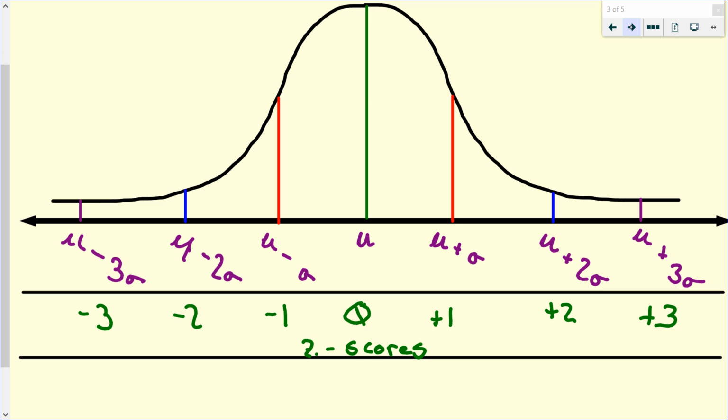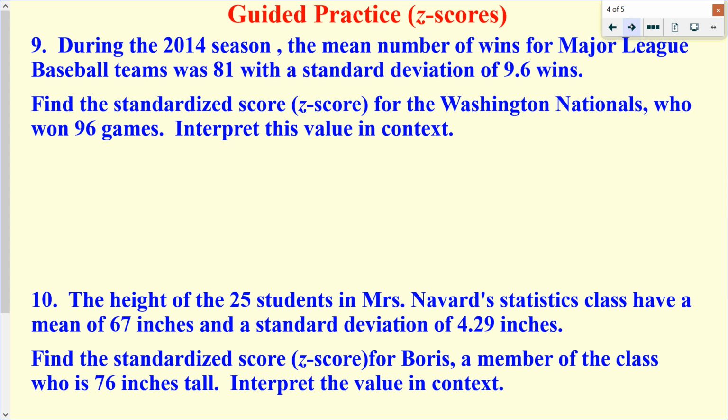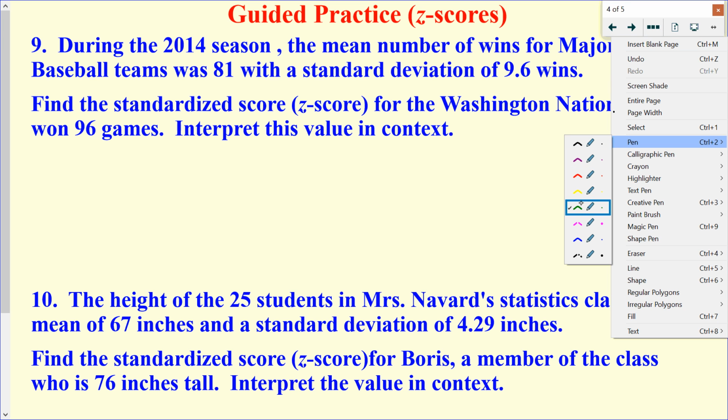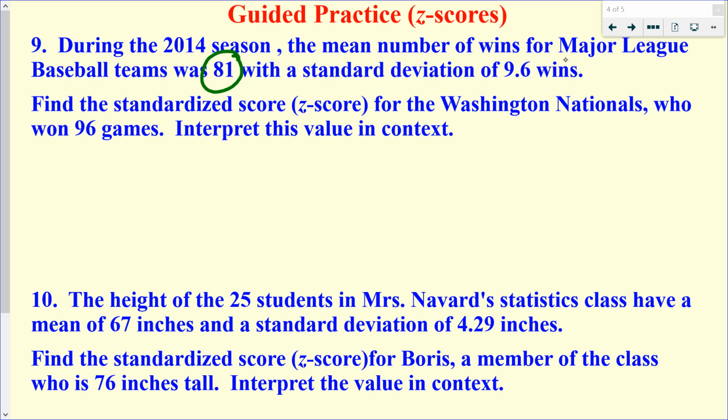Okay, so let's try a couple of practice problems here. Here is number 9, which you were asked to do in your asynchronous work on Thursday and Friday. We know during the baseball season 2004, the mean number of wins for Major League Baseball teams was 81 with a standard deviation of 9.6. So if we're looking for the standardized score for the Nationals, who won 96 games, Z is going to be the formula X minus mu over the standard deviation.